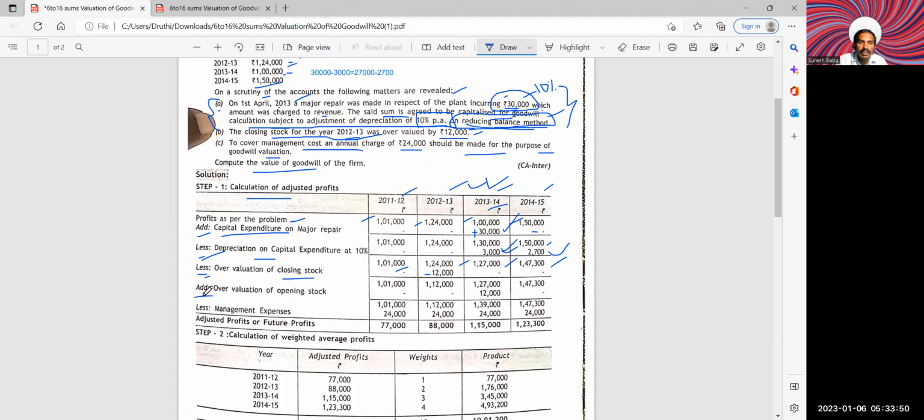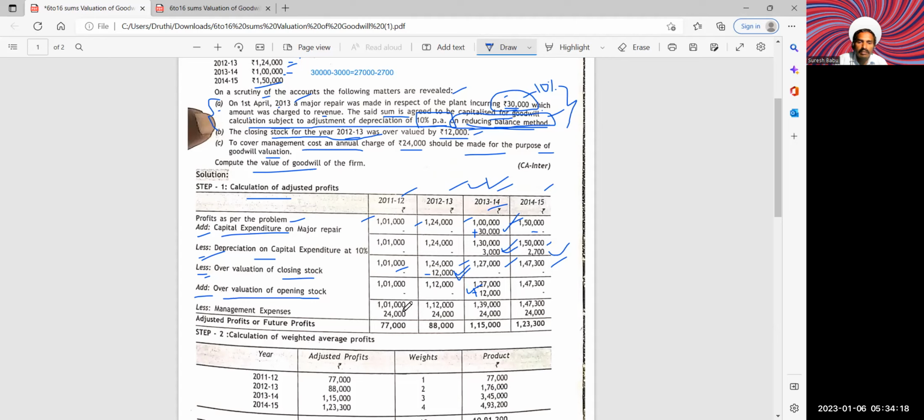Next year, overvaluation of opening stock is added. That means from 12-13, 12,000 will be subtracted, and in 13-14, 12,000 to be added, because this is overvaluation of closing stock, and this is overvaluation of opening stock for the next year. Here it is subtracted, here it is added.